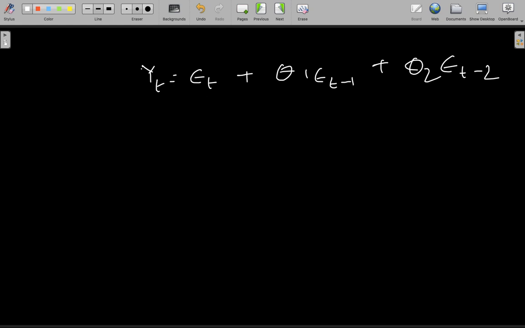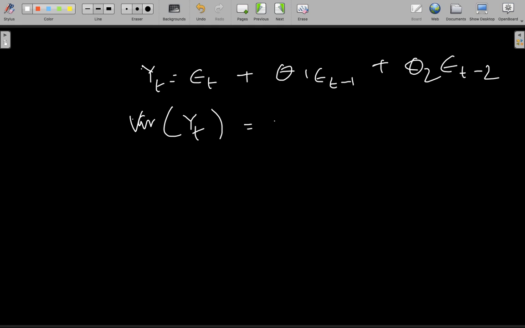Now if I take variance on both the sides, var Y_t is basically the variance of the whole term, but when you take the product of epsilon_{t-1} with epsilon_t, epsilon_{t-2} and so on, they're all going to cancel out. The covariance terms are going to cancel out.